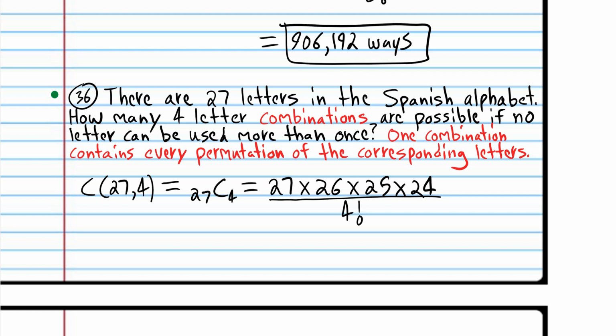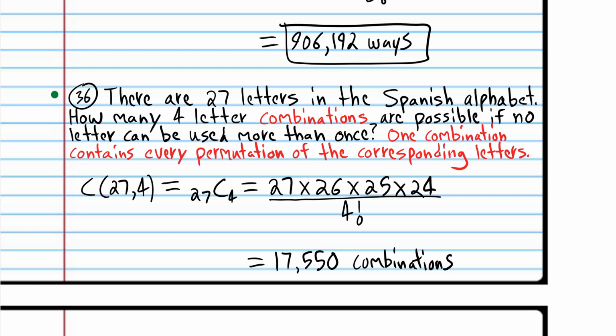And so we're going to enter 27 into the calculator, push the math button, the right arrow key to PRB, and then go down to NCR, then enter 4 and enter. So you should have 27 NCR 4 in your calculator, and we get 17,550 combinations.